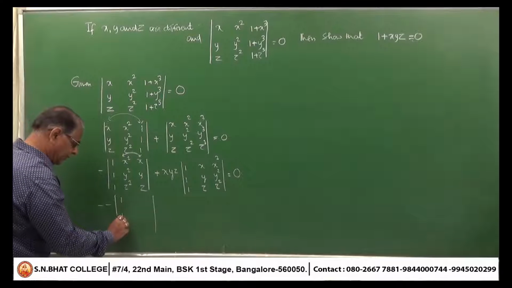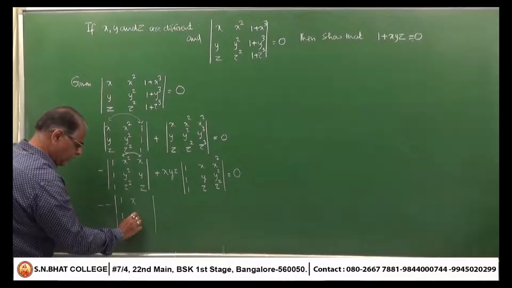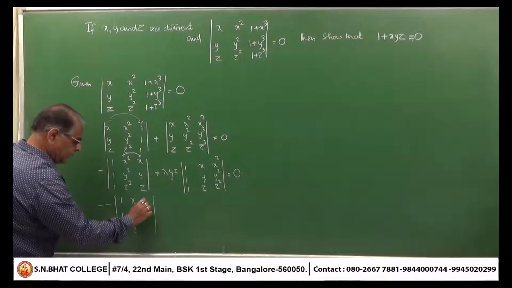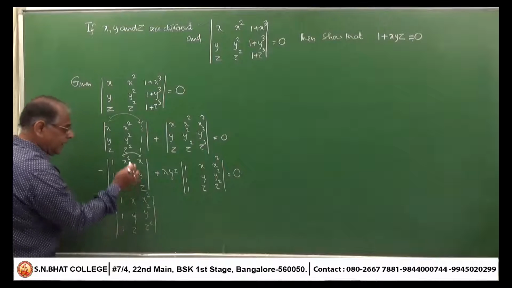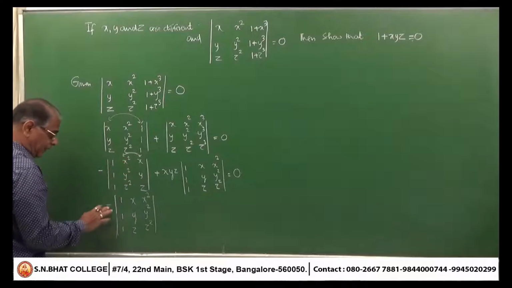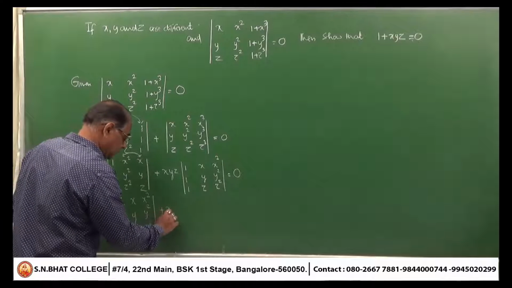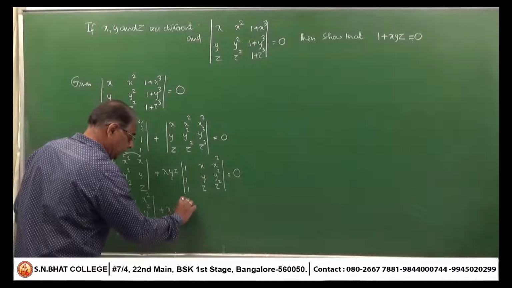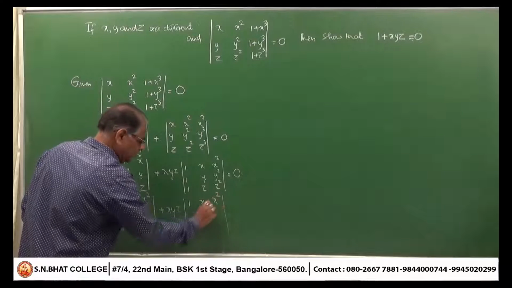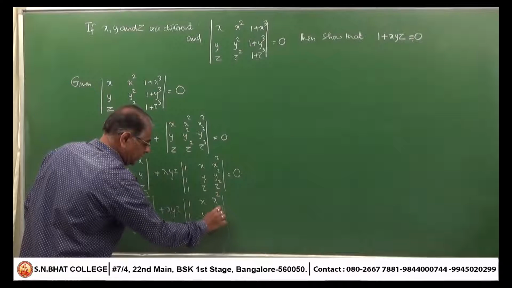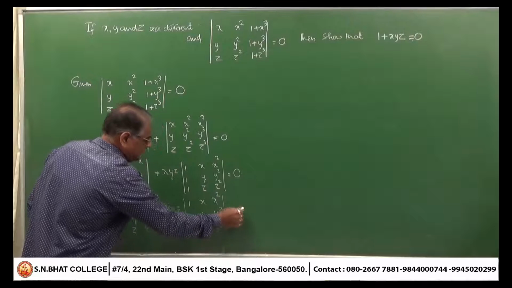The first column I have not touched yet. I am interchanging only second and third: x, y, z, x square, y square, z square. Already one minus is there, you get one more minus. Plus xyz into the determinant of 1, x, x square; 1, y, y square; 1, z, z square is equal to 0.